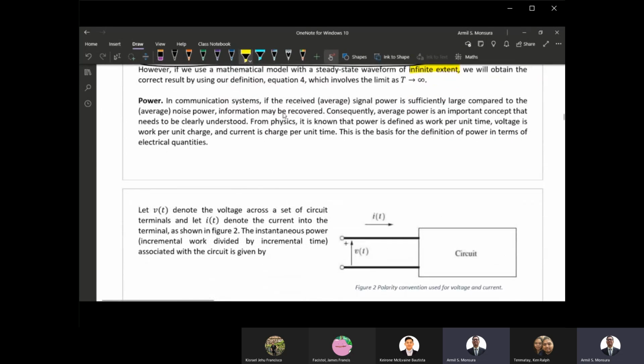In communication systems, if the received average signal power is sufficiently large compared to the average noise power, information may be recovered. That's the general rule of thumb of a communication system. When your signal arrives at the receiving end, we have what we call the noise floor.